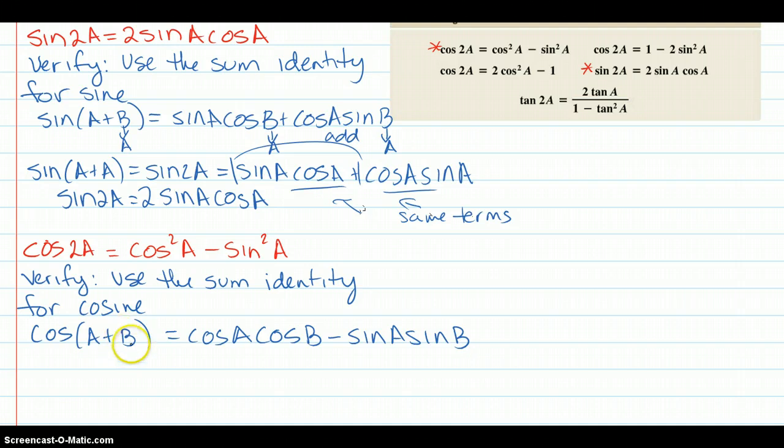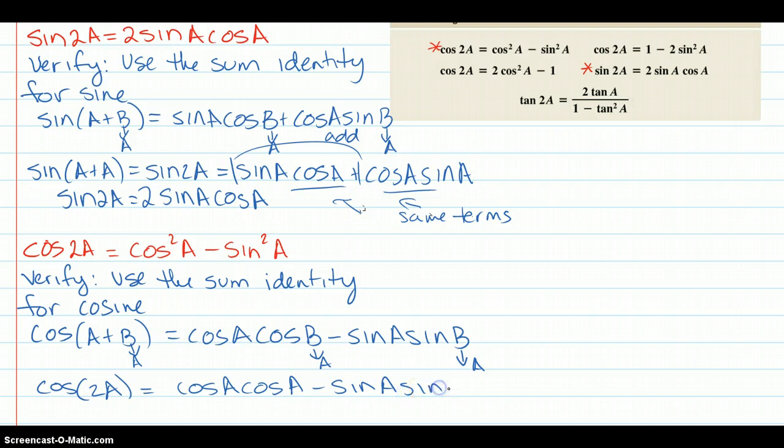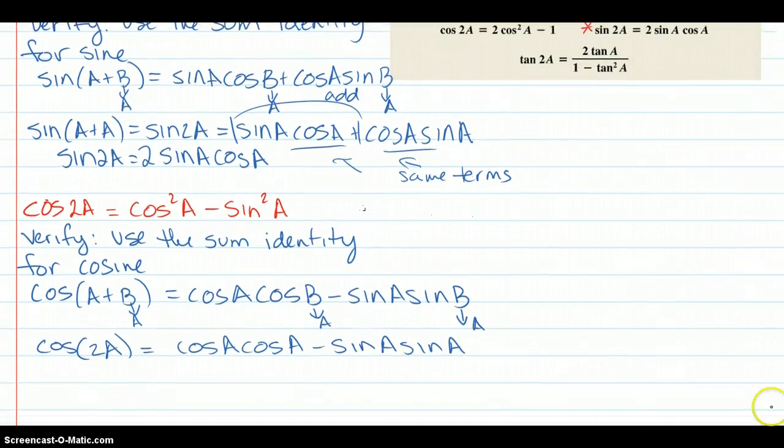So again, plugging in all a's, we'd have cosine of a plus a, which is 2a, equal to cosine of a times another cosine of a minus sine of a times another sine of a. So cosine of 2a is equal to cosine squared of a minus sine squared of a.